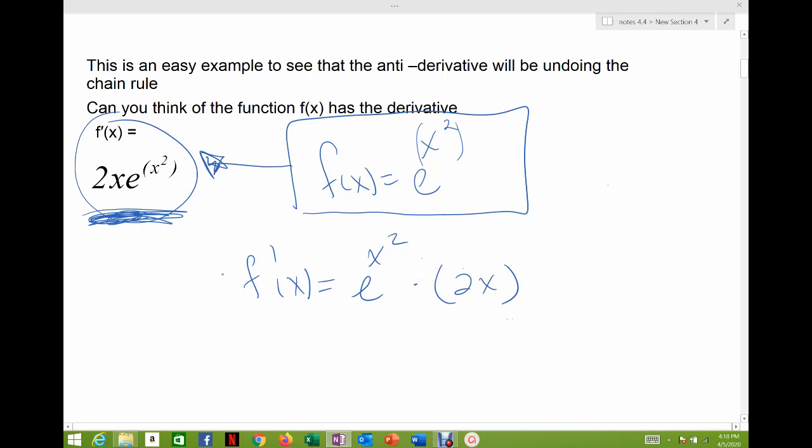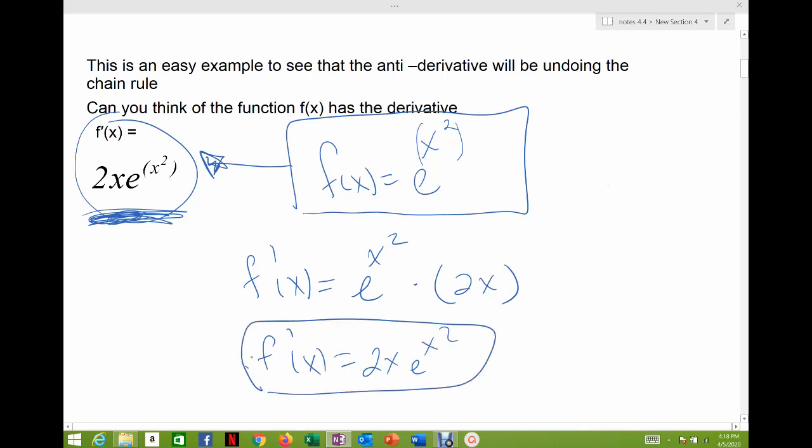We can rewrite it by changing the order of multiplication, which we are allowed to do, just like 3 times 2 is the same as 2 times 3. That was the function whose derivative is 2x e to the x squared. This one should be one that you can see is the answer. Now we are going to walk through the same example using the substitution rule that we'll be using for the other examples.